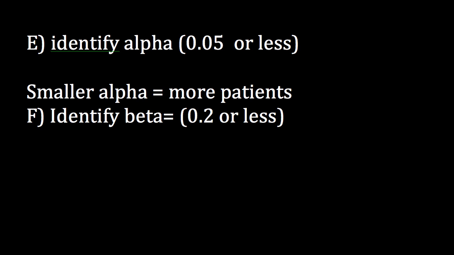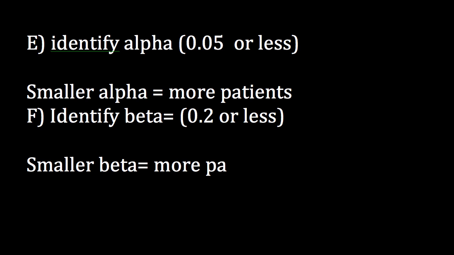Remember, power is calculated by 1 minus beta equals power. So if the beta is 0.2, 1 minus 0.2 would be a 0.8 or 80% power. Usually our power is going to be 80% or greater. Smaller beta also means you'll need more patients.